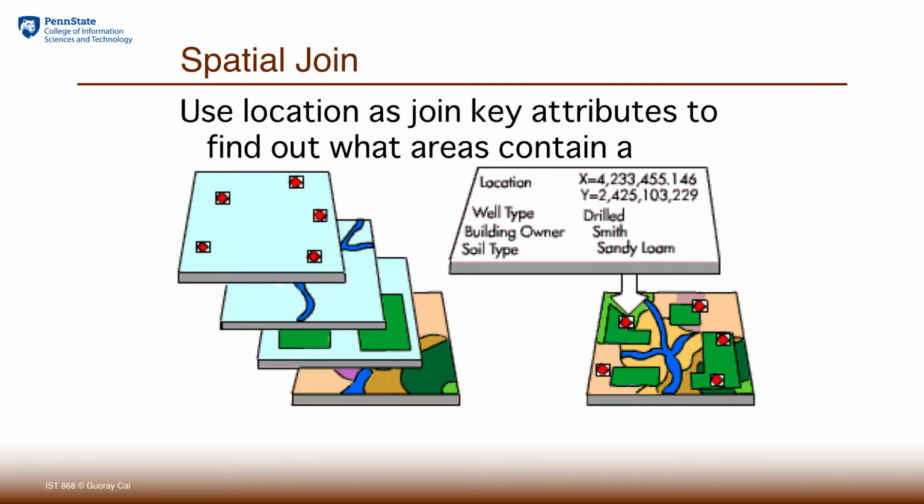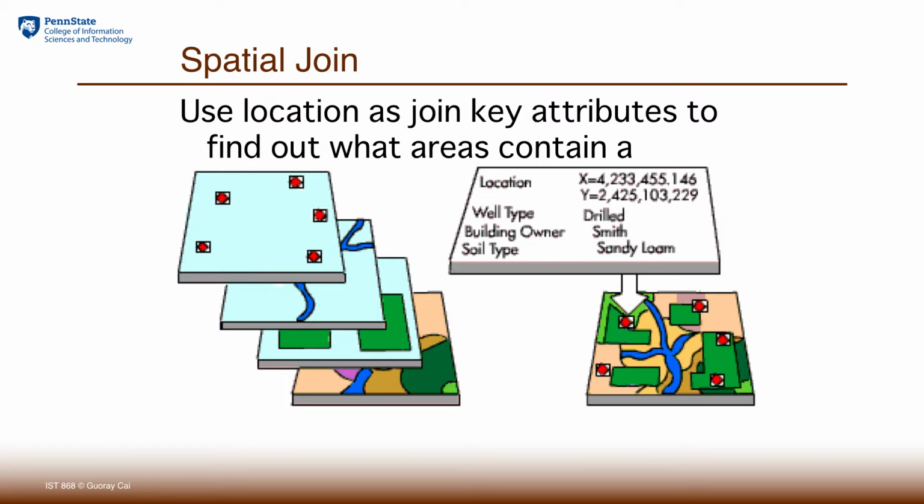And one way to do that is to join all the attribute tables of the map features with the water well. It's like pulling all these attribute tables into one place. This kind of thing is very powerful. And you can think of spatial join as an alternative way of analyzing what's inside.